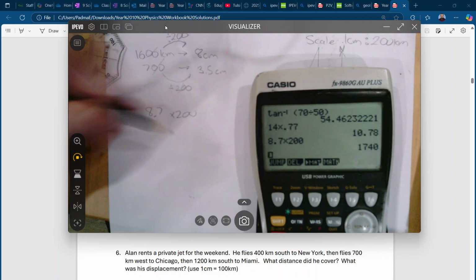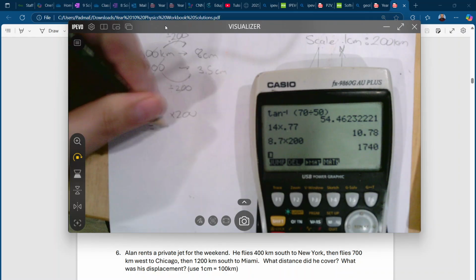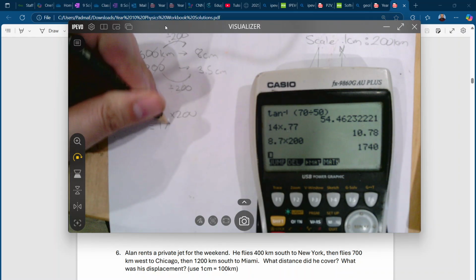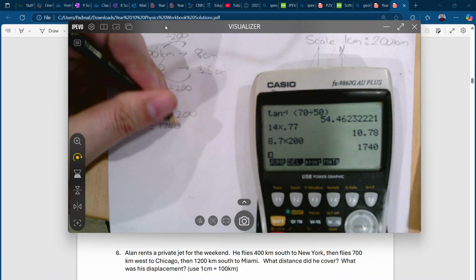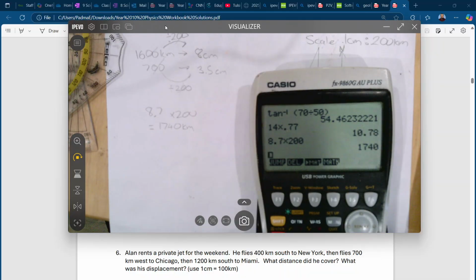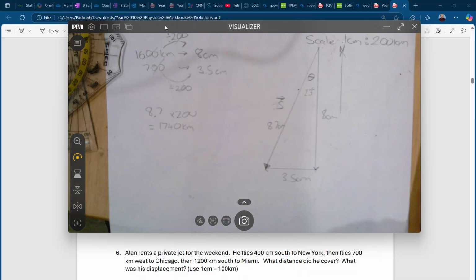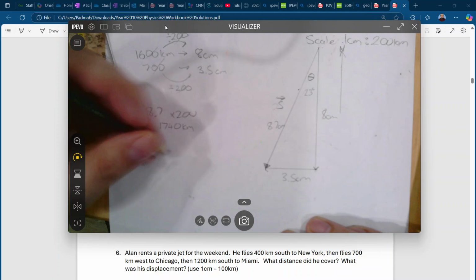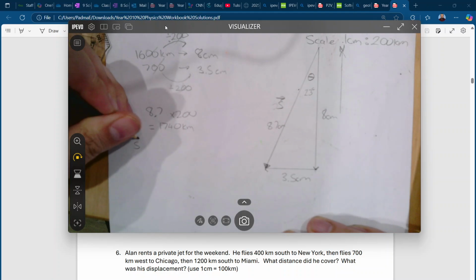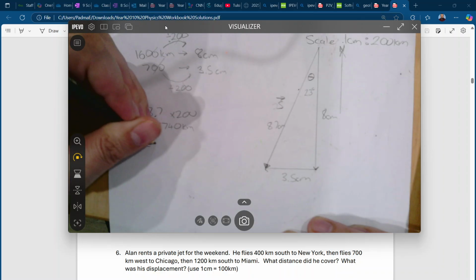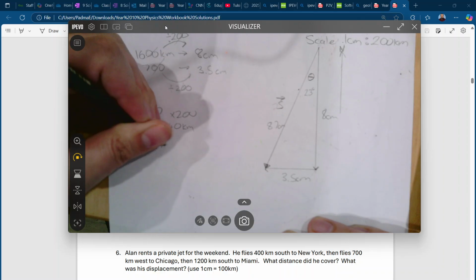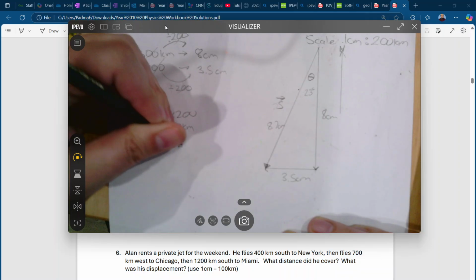Yep. Okay. All right. And then that was in kilometers. So that's the magnitude of displacement. Now, the displacement itself, 1,740 kilometers. Okay.